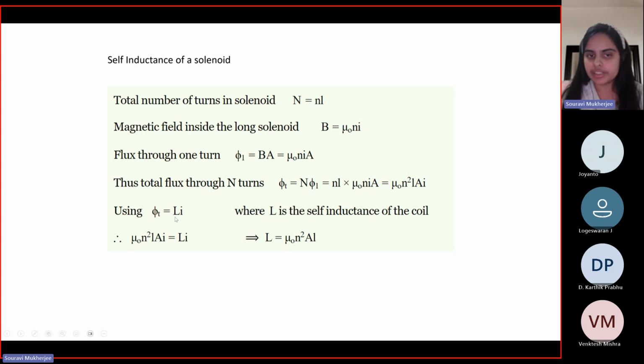So phi is equal to L into I, and if you equate these two terms, you get an expression for your self-inductance: mu naught n square A into L, where A is the area of cross section and L is your length. So basically, it depends on the dimensions of your solenoid. I saw there are questions in the last assignment where you have to find the self-inductance for a given solenoid where these parameters were provided. So you can directly use this relation to find the self-inductance.